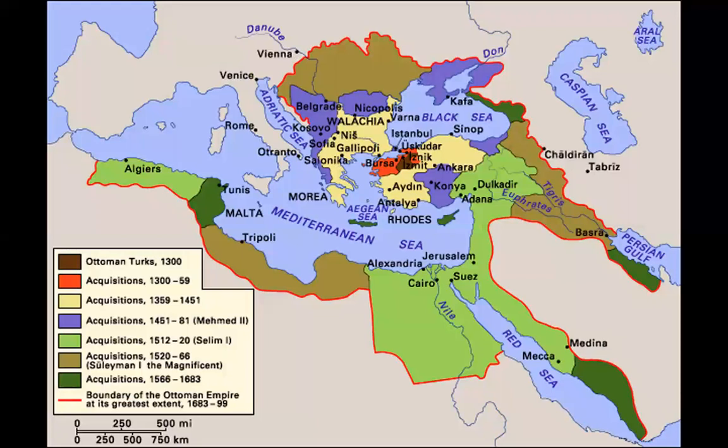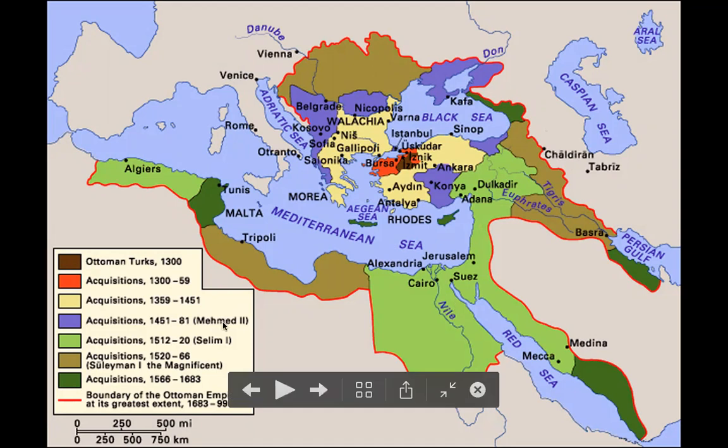And if you recall, when we were talking about the Quran earlier, Muhammad dies in 632 AD. But as you can see from this colored map, the Ottoman Empire, as it's known, had a fairly large sway and swath over northern Africa and up to southern and central Europe.